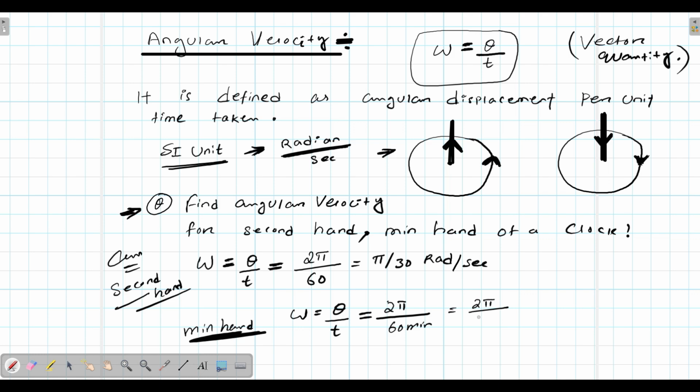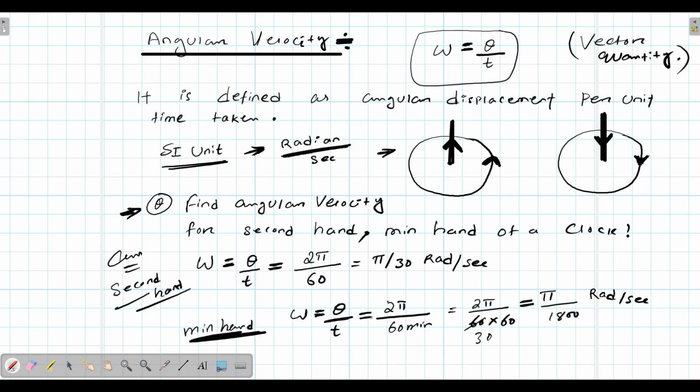So this is pi divided by 1800 radian per second.